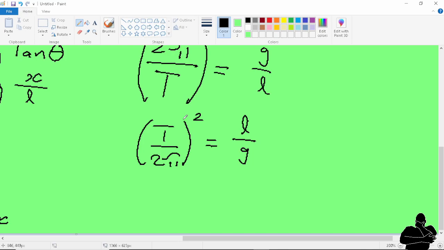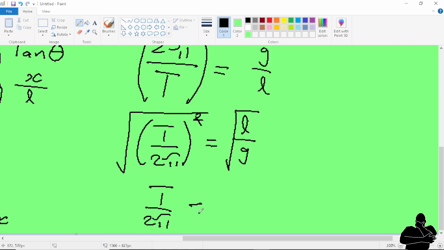Now let us find the square root of both sides. The square root of this side cancels with the square there, and on the other side we find the square root of L over g. So now we're left with T over 2 pi is equal to the square root of L over g.